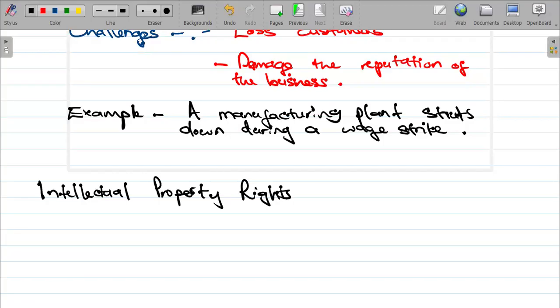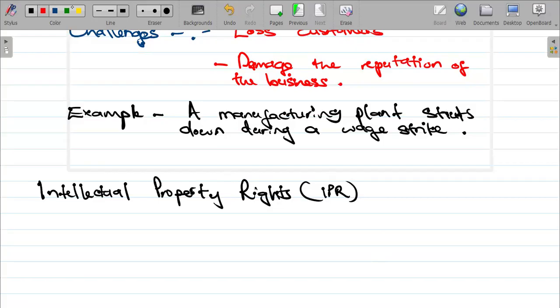Right, what you call copyrights. So we are going to define what intellectual property rights are. IPR, intellectual property rights.